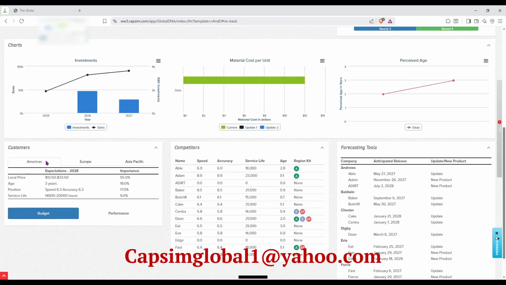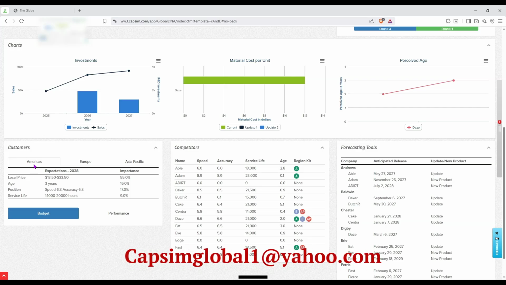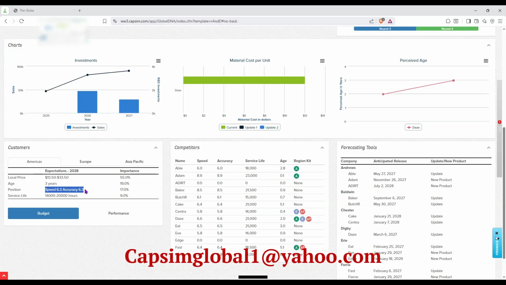Down here you can see what customers need in each region or market. In the Americas, customers expect a local price of 13.5 to 33.5, age of 3 years, speed and accuracy of 6.3 and 6.3, service life of 14,000 to 20,000.